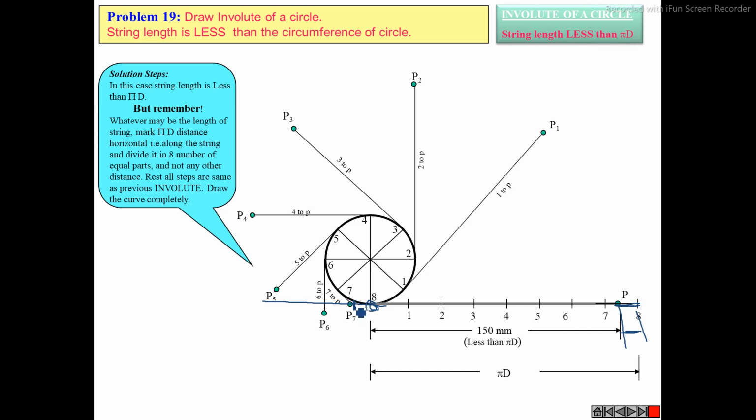This point is your point P8, and then freehand join point P to P1, P1 to P2, P2 to P3, P3 to P4, P4 to P5, P5 to P6, P6 to P7, and P7 to P8. This will be the shape of your involute, and then extend it to the circle.